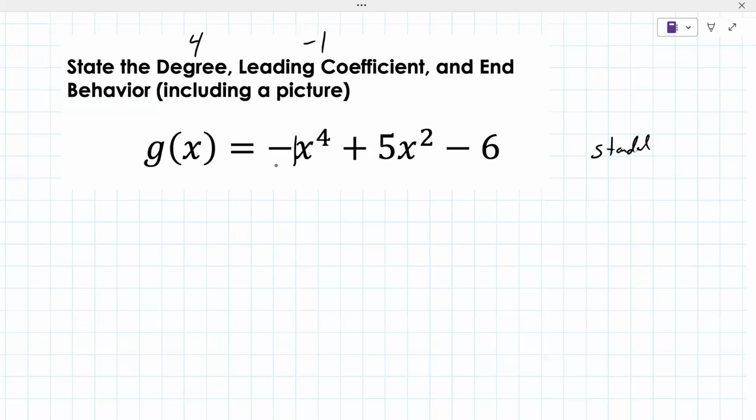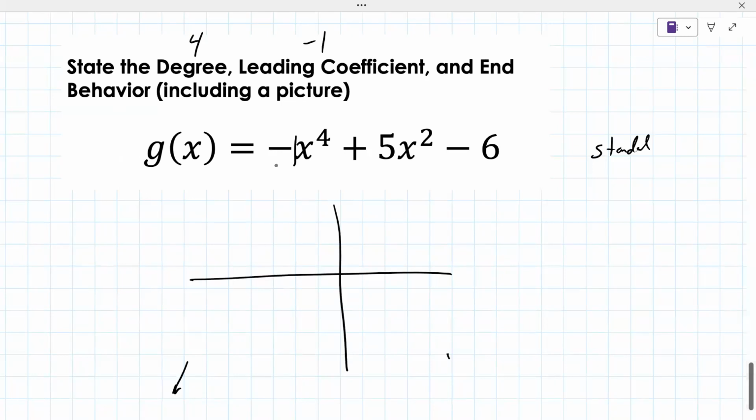Okay, got it. The leading coefficient. So in this case, end behavior would be, it's even and it's negative, so it's down, down.